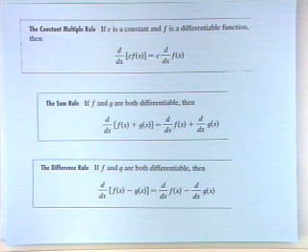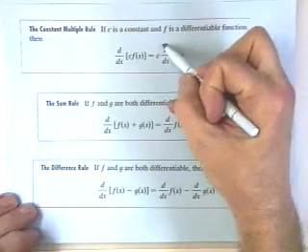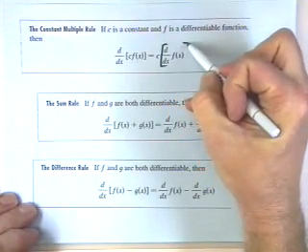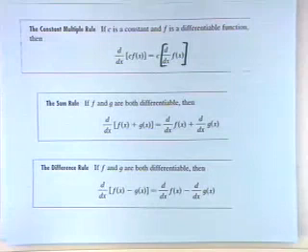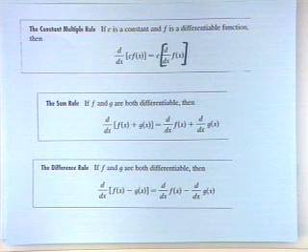That's the important thing. If we have a constant times a function, the derivative of that is that same constant times the derivative of the function. So you'll hear me say many times, as I've said already a couple times, just bring that lead coefficient along for the ride. It's already there.